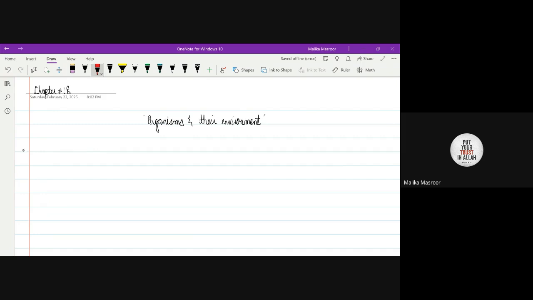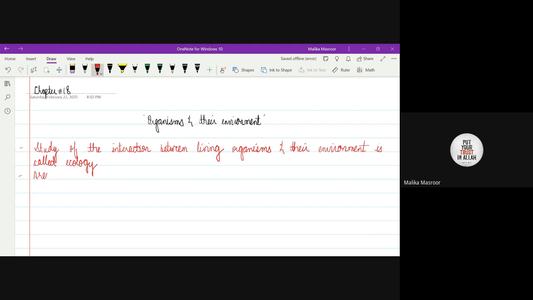The study of the interaction between living organisms and the environment is called ecology. The area where an organism lives is called its habitat.